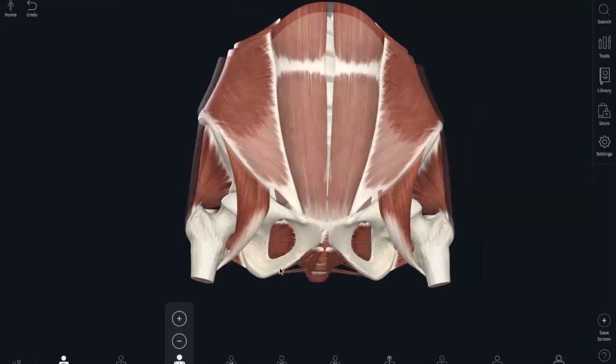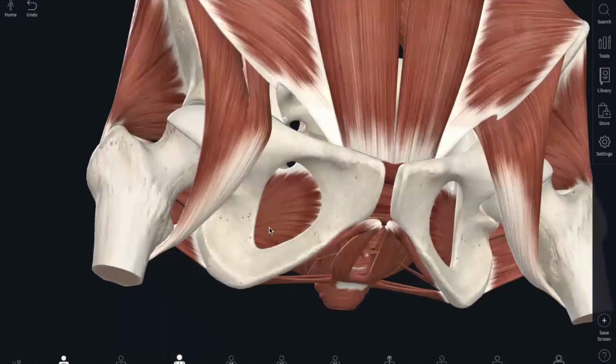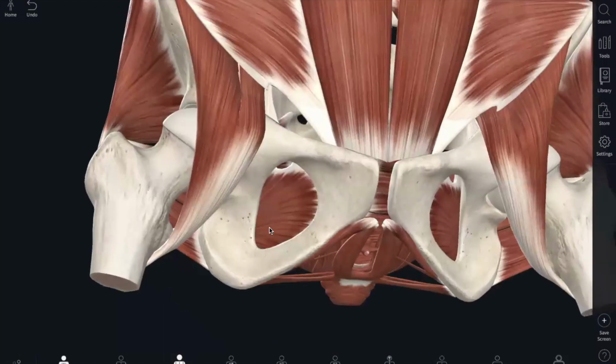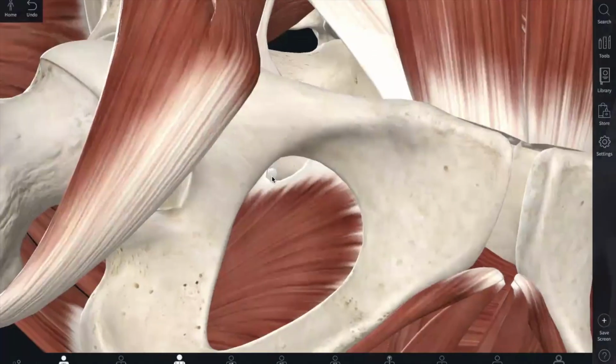Okay, starting with the obturator foramen, which is this big boy here, and the only one that really looks like a hole. So the obturator foramen is this big hole, and inside it we have the obturator canal right here. And you guys will definitely learn this, and it's pretty important because it's where the obturator nerve, obturator artery, and obturator vein all move through.